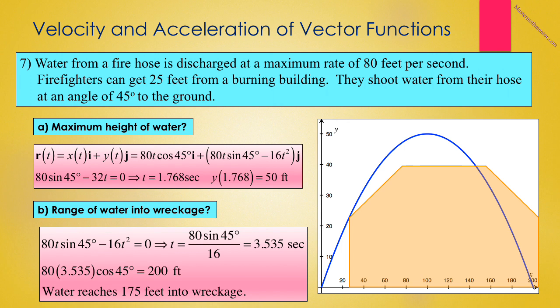We then take that value of 3.535 and plug it into the x component, getting 80 times 3.535 cosine 45 degrees, and we get exactly 200 feet. So the water can reach 200 feet. However, the firefighters are 25 feet from the building, so the water can reach 175 feet into the wreckage.